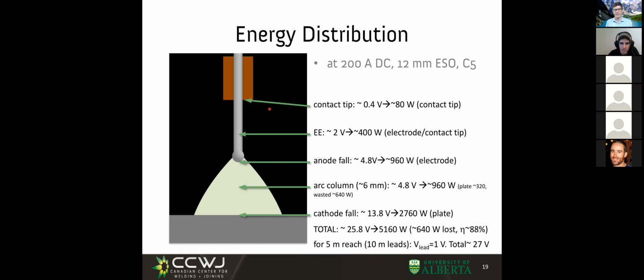So same current, but longer stick out. Should I have higher wire feed speed or lower? Higher, of course, because with a longer stick out, we have more resistance, and with the same current I'm generating more power to melt the wire, right?